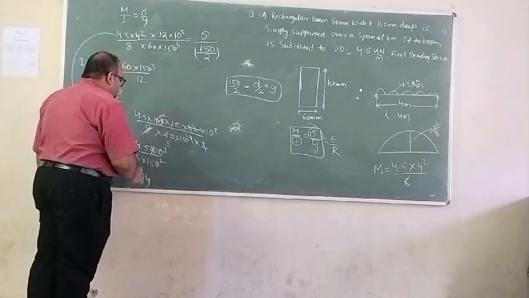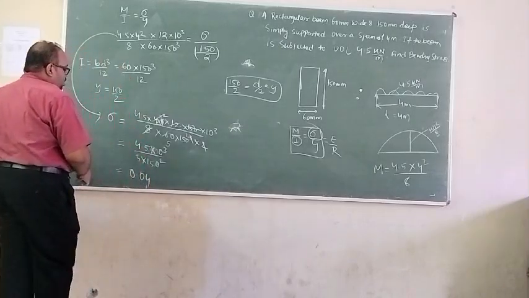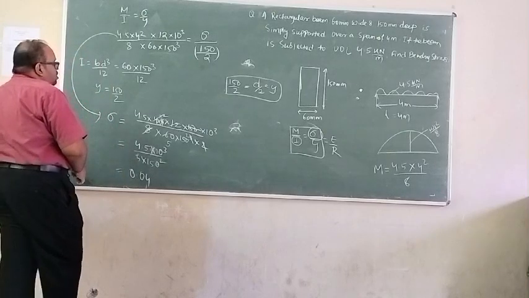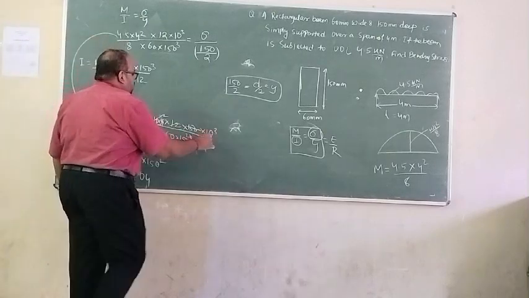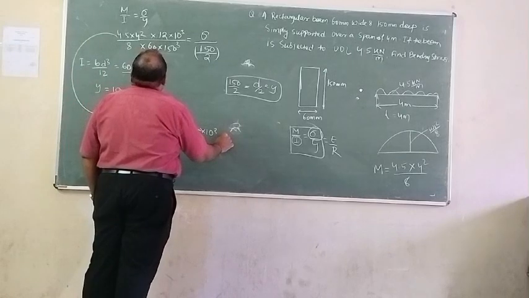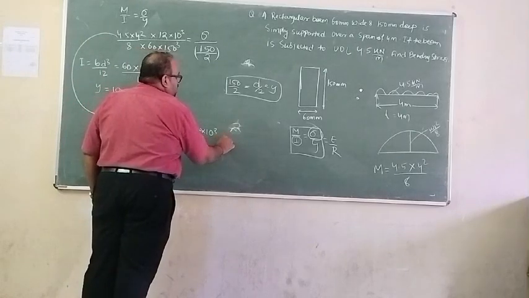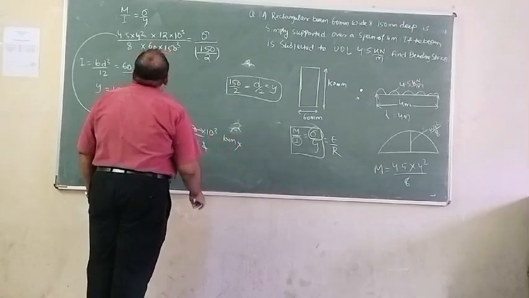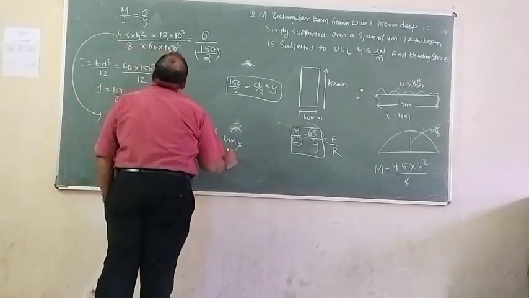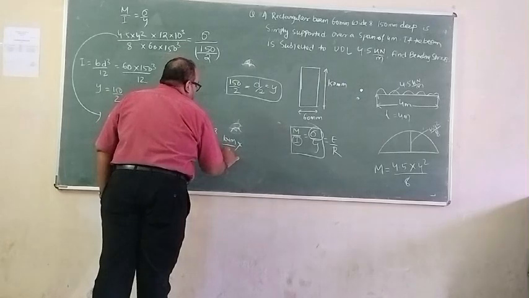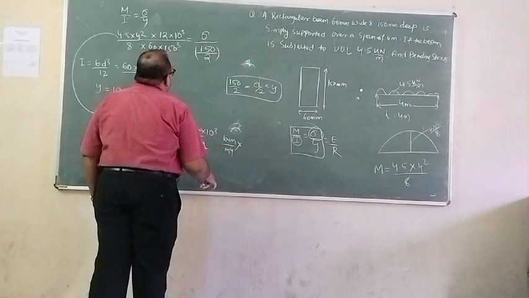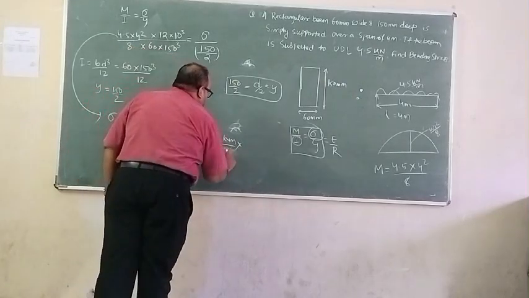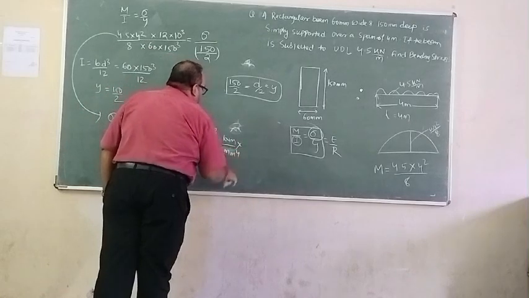0.04, and this is in kilonewton, moment is in kilonewton meter, and I is in meter to the power 4 or mm to the power 4.